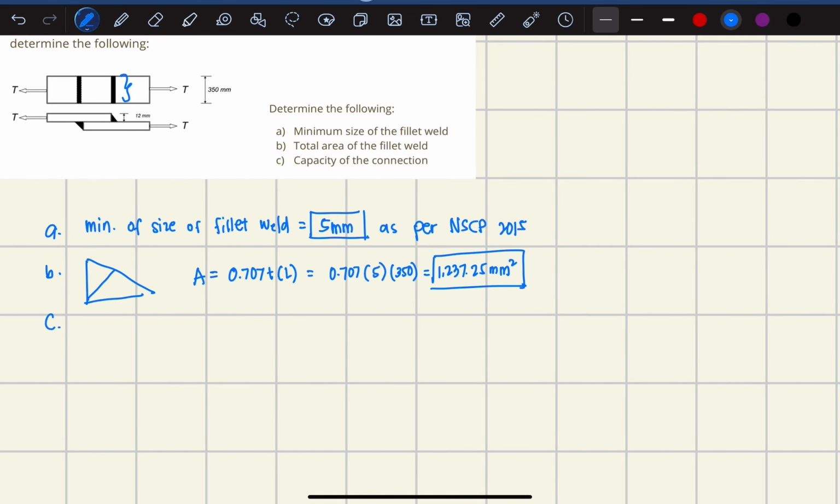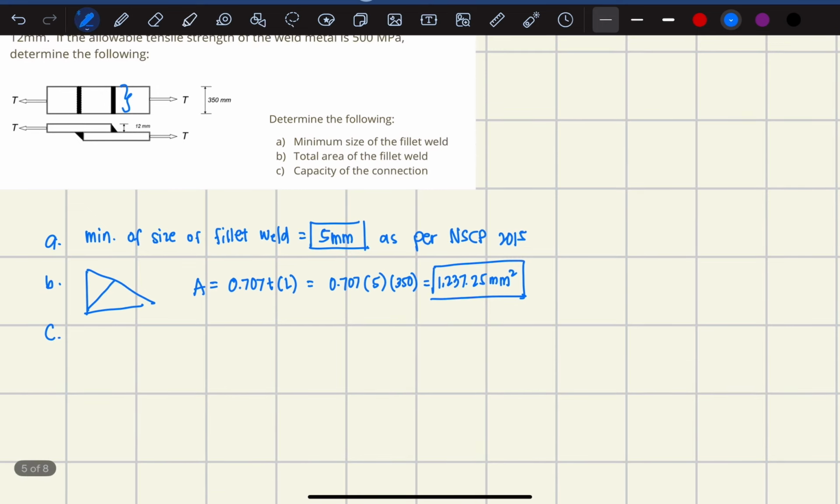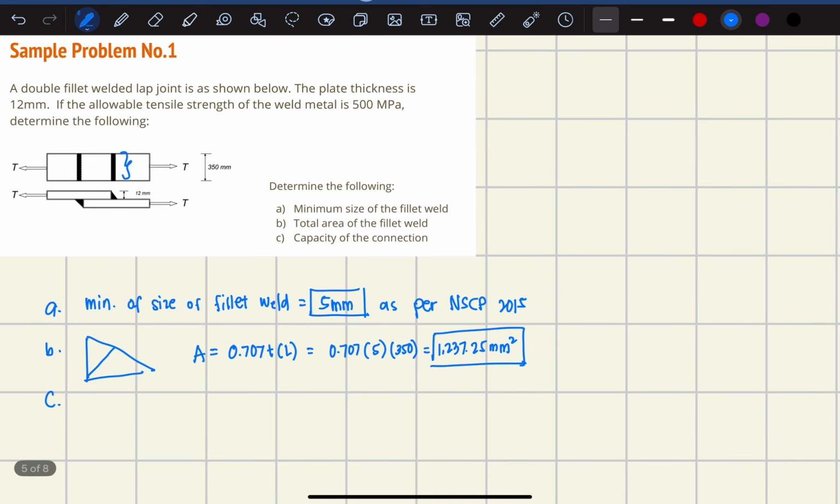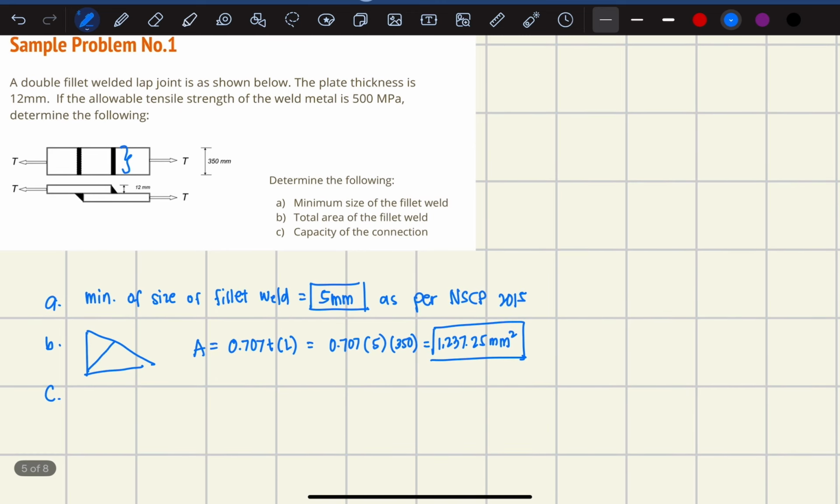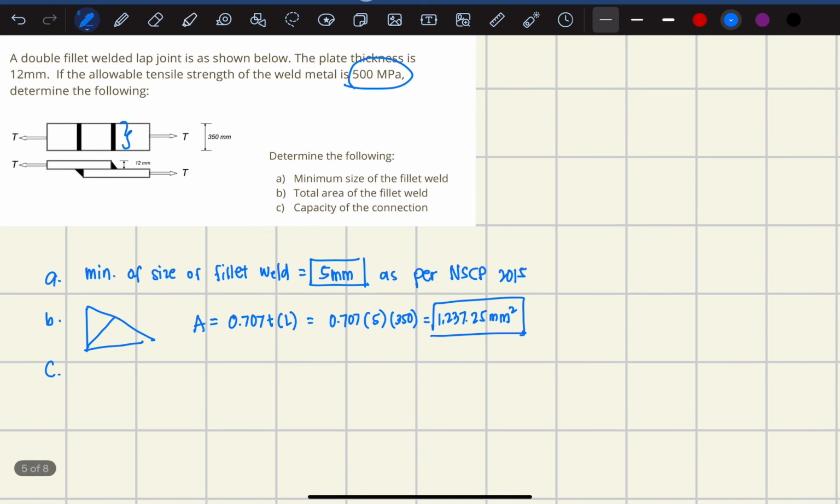Letter C, capacity of the connection. Since the given tensile strength is 500 MPa, we'll use this given, Ft equals force over area.